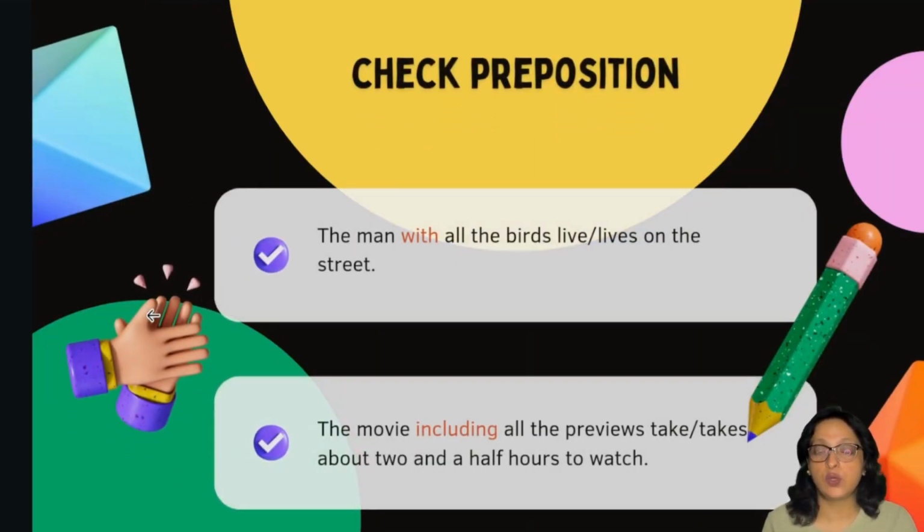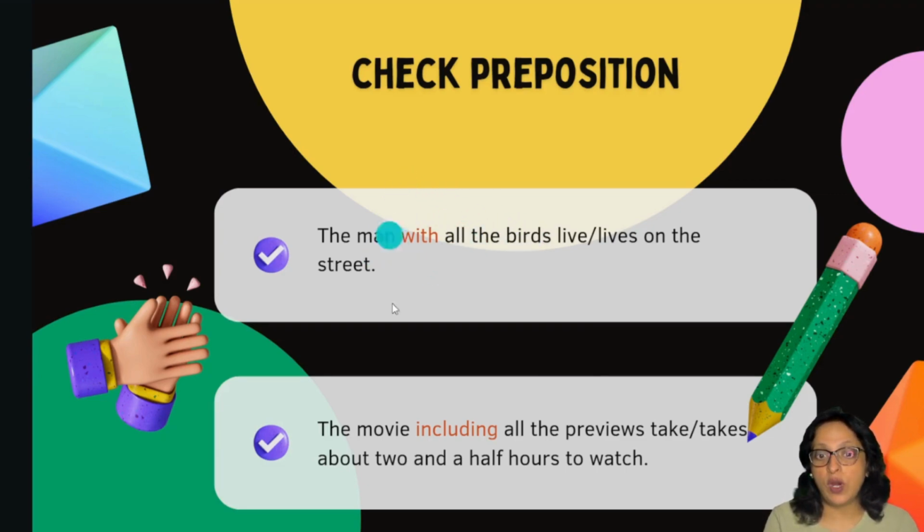Now, in these two sentences, the man with all the birds live or lives on the street. Now, we just said that we need to find out which is the subject. The man is a subject here. The birds could also be a subject here, but wait a second, we said we need to check the prepositions. With is there.